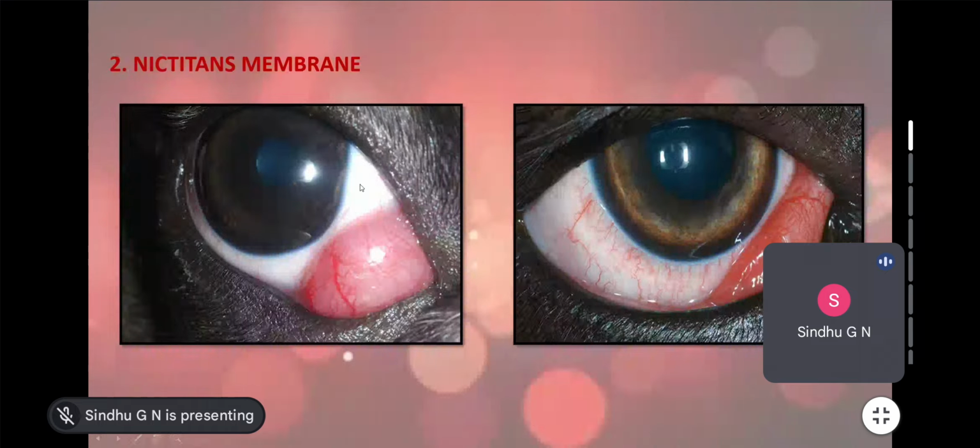That's why I put both the pictures together. This one is a cherry eye. We can see that the gland prolapsed popped out of the third eyelid, and here there is a scrolling of the cartilage which gives support to the third eyelid. T cartilage scrolling we can appreciate. So a hard structure which is scrolled can be appreciated in this condition. Both of them need surgical correction.